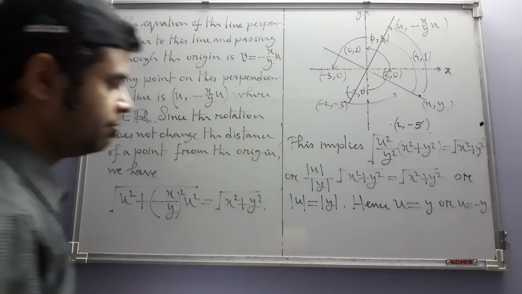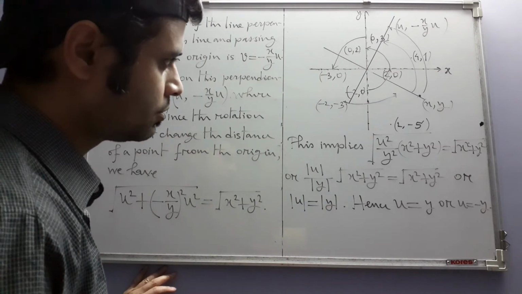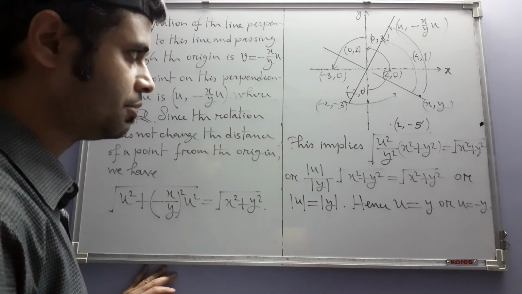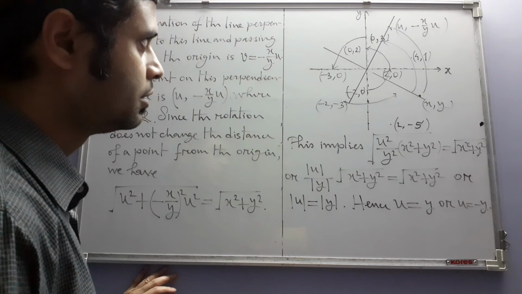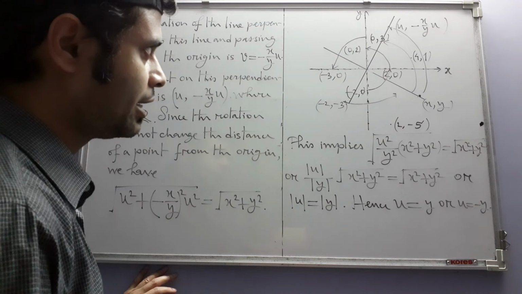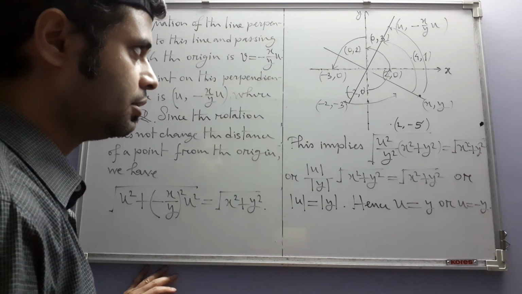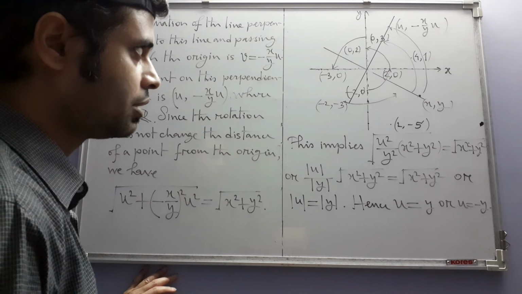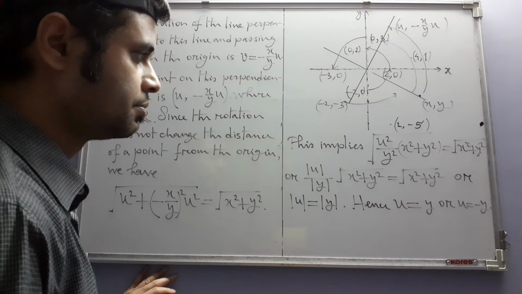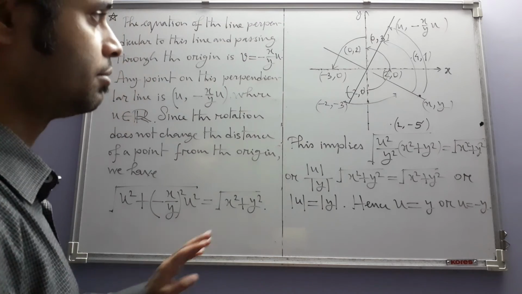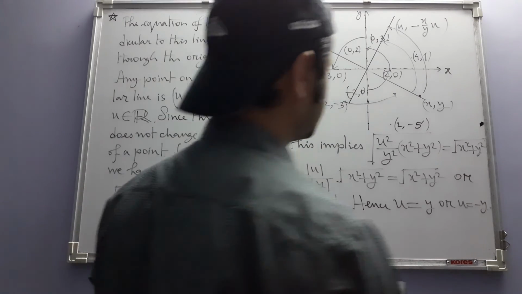So accordingly, we have 2 points, no? From x comma y we are coming. One point is y comma minus x, and the other point is y comma x. No, sorry, minus y comma x.